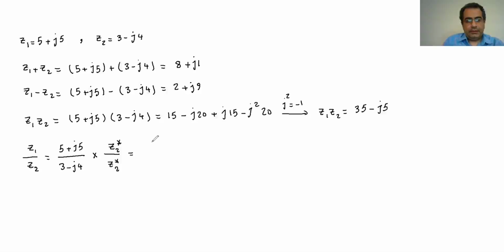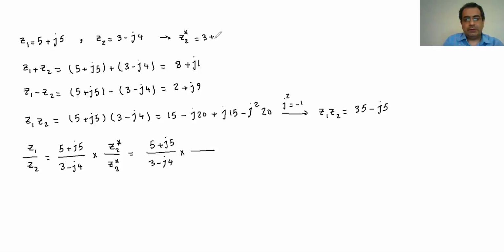So basically, if I have 5 plus j5 and then I have 3 minus j4, I'm going to multiply it by z star 2. If this is a z2, then I know that the z star 2 is going to be 3 plus, so it just changed the sign of that. If it's negative, it's going to be plus.